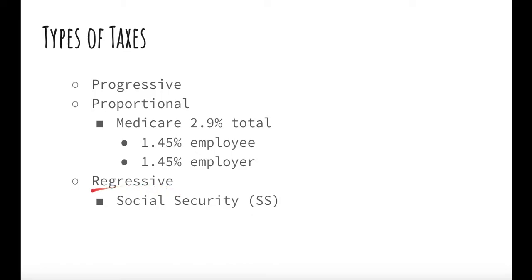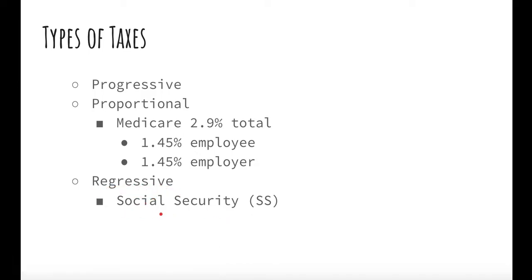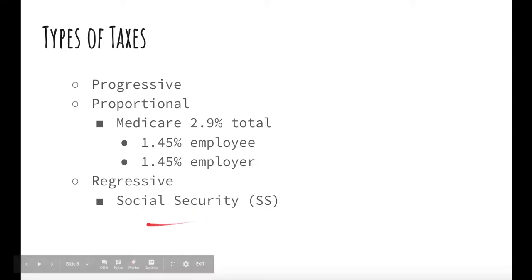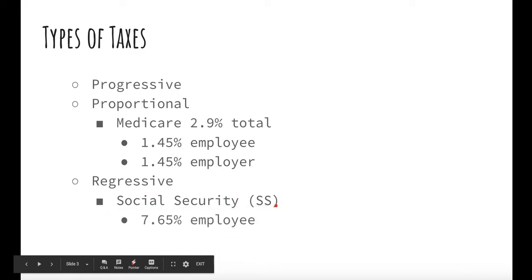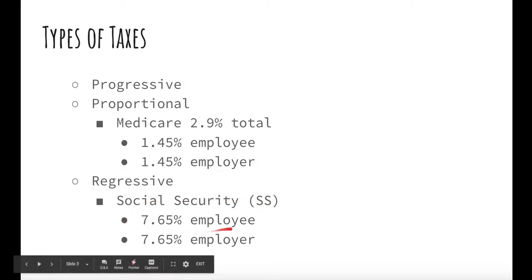So regardless, that's why Social Security is not exactly a clean example, but it is a regressive tax because Social Security tax only applies on the first 120,000 of earnings. Once you reach a threshold amount, you no longer have to pay Social Security. Until you make that amount, it's a flat tax, proportionate, just like Medicare.